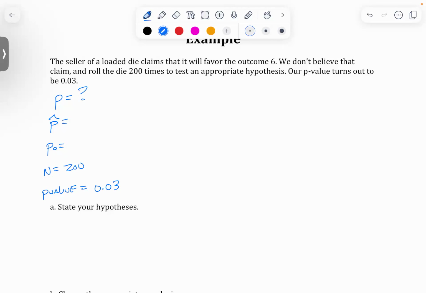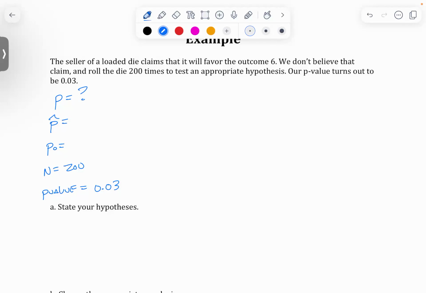All right, p0, p-hat, and p0. I don't really see any other direct information, right? There's no, oh, I collected this many out of this many values. So I don't have a sample proportion.